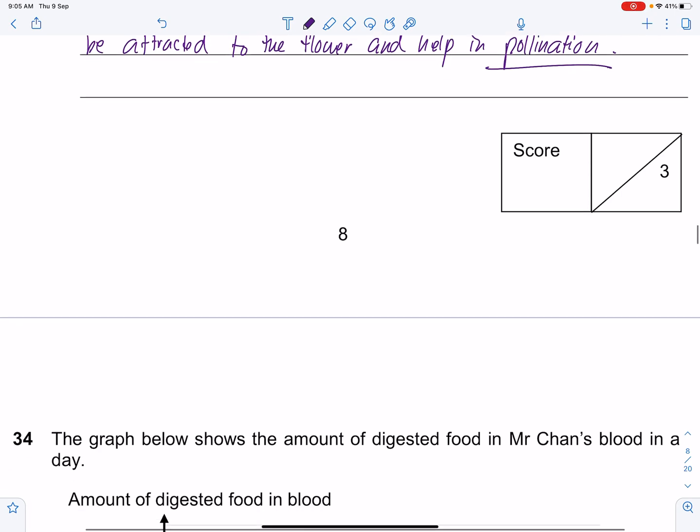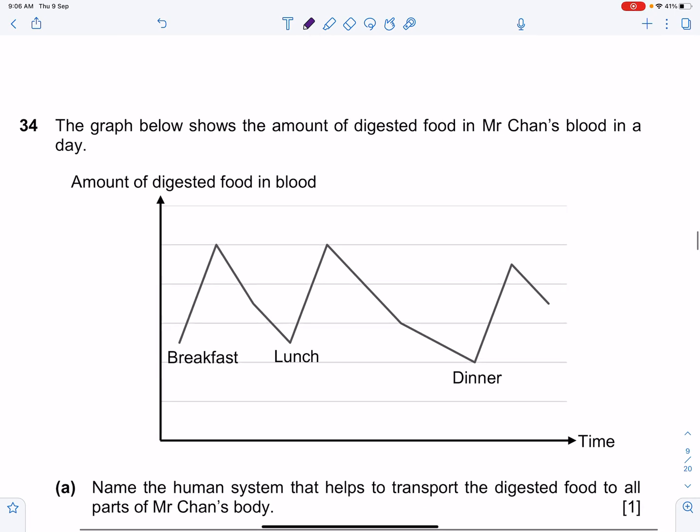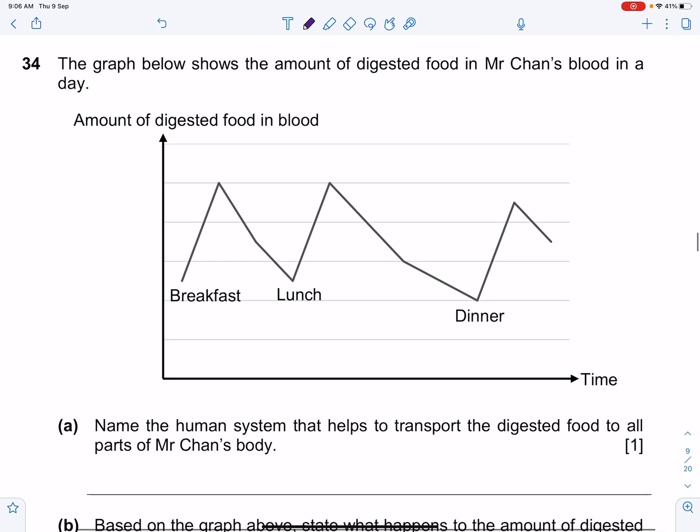Alright, 34. The graph below shows the amount of digested food in Mr. Chan's blood in a day. Okay? So, be careful. It's the amount of digested food in the blood. Not in the stomach. This time it's in the blood. So, think about it. How does it get into the blood?